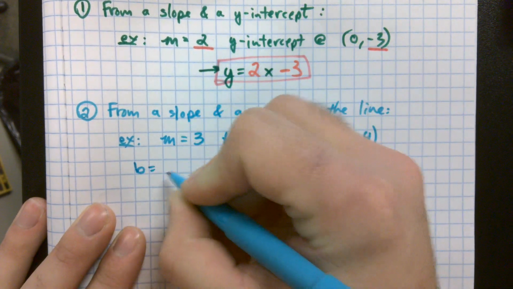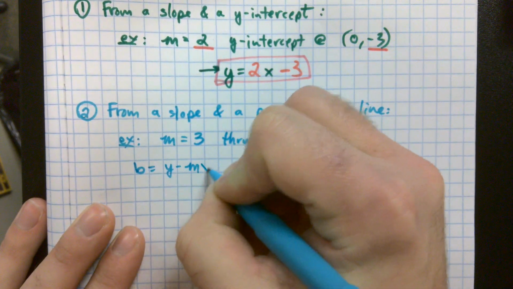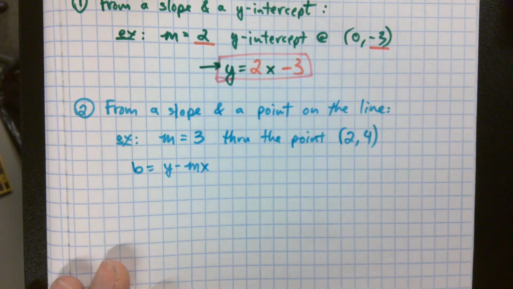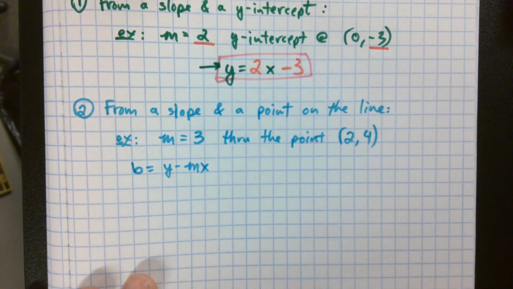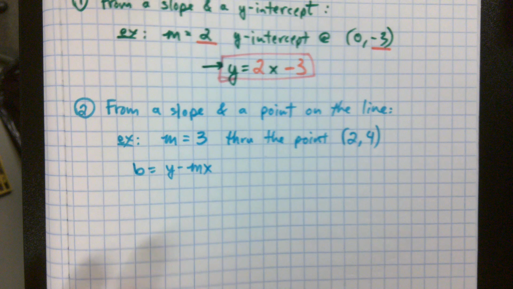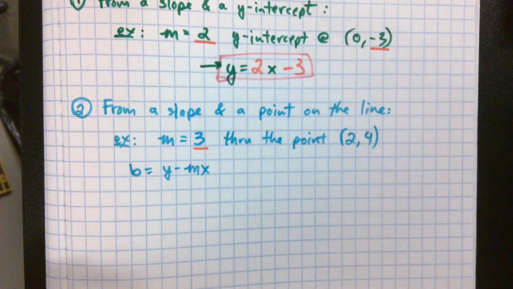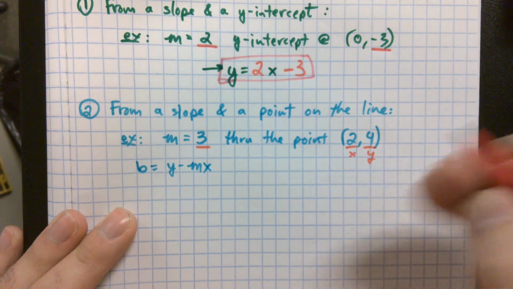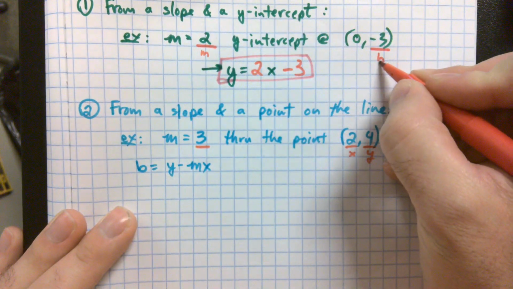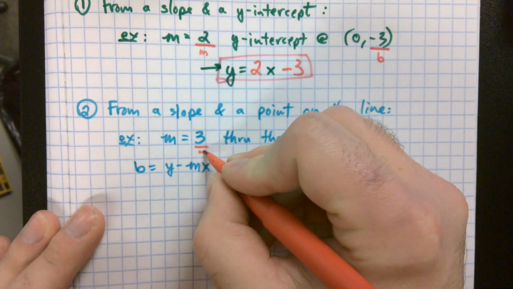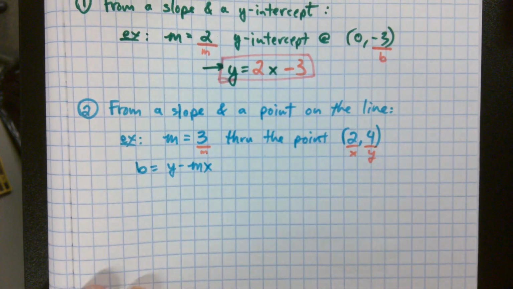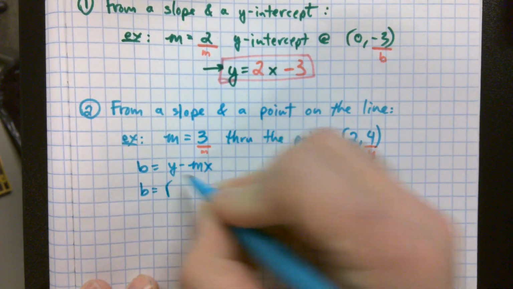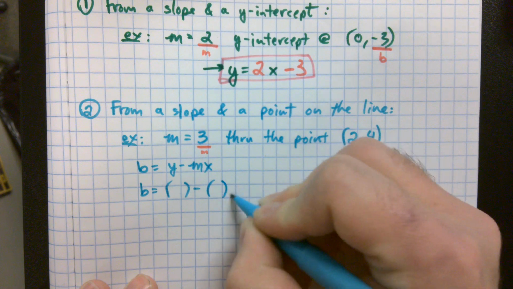We know that b is equal to y minus m times x. 2 is my x, 4 is my y, and 3 is my m. So we can plug those in.